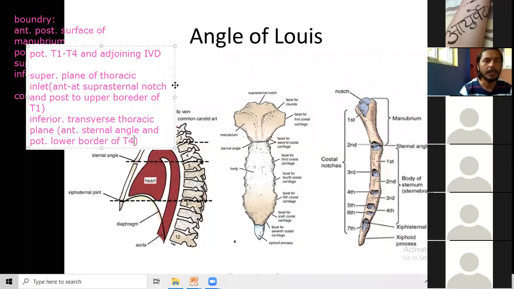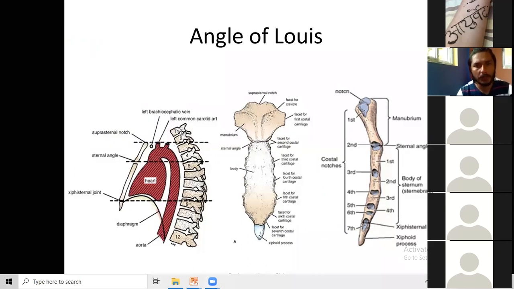So these are the boundaries: anterior boundary, posterior boundary, superior boundary, and the inferior boundary. The anterior boundary is by the posterior surface of the manubrium. The posterior boundary is formed by the first four thoracic vertebrae, T1, T2, T3 and T4, along with the adjoining intervertebral discs.